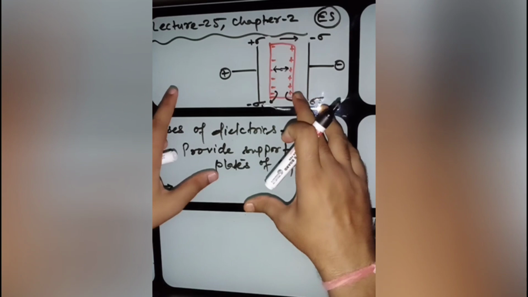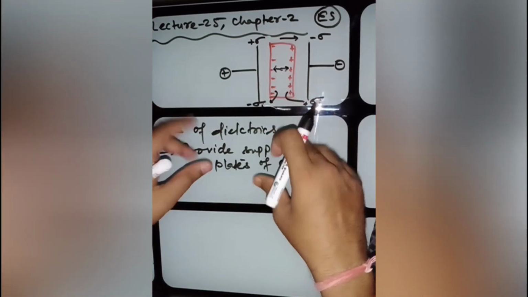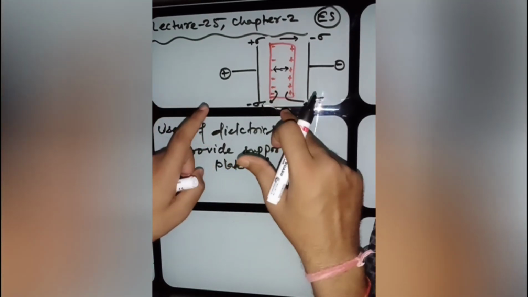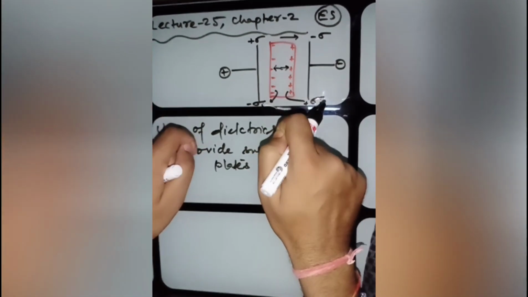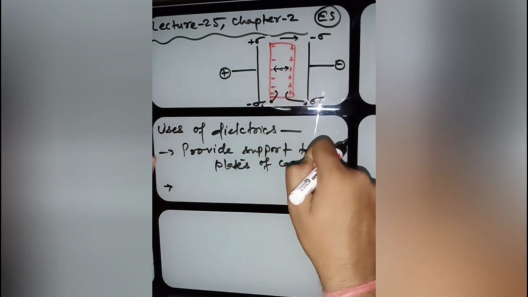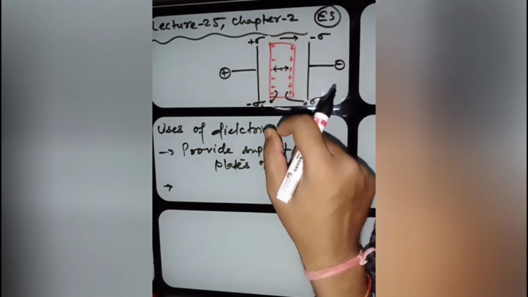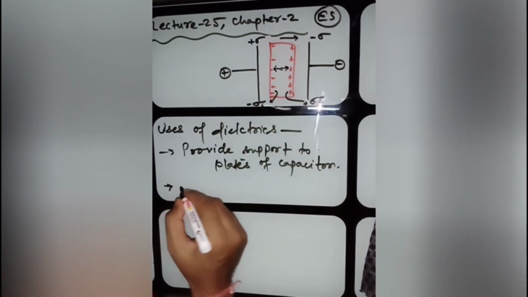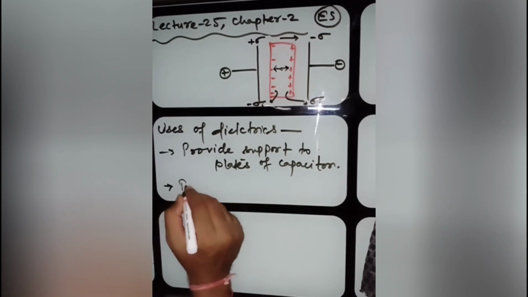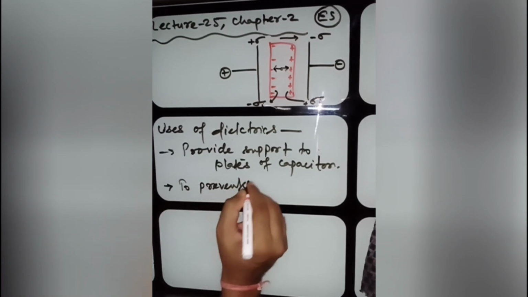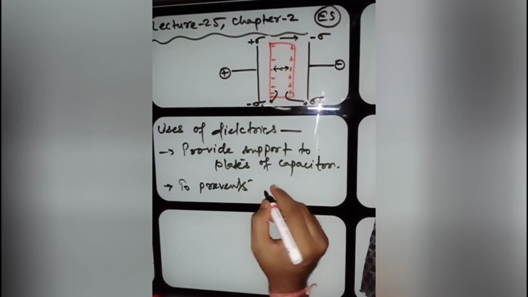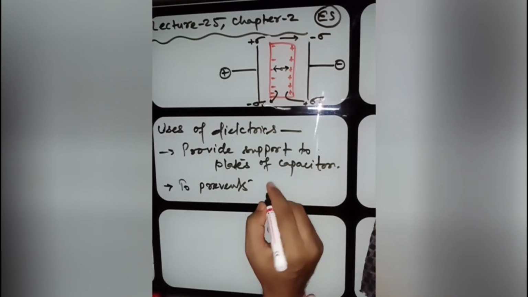Some dielectric materials which have higher dielectric strength than air are used to prevent breakdown. This is the second use, to prevent electric breakdown.